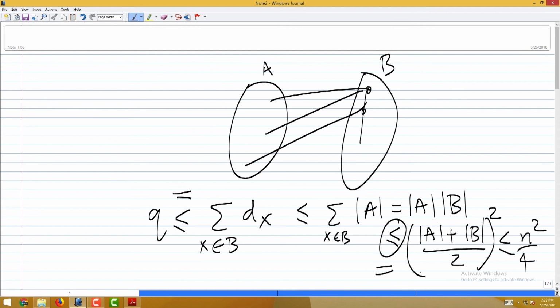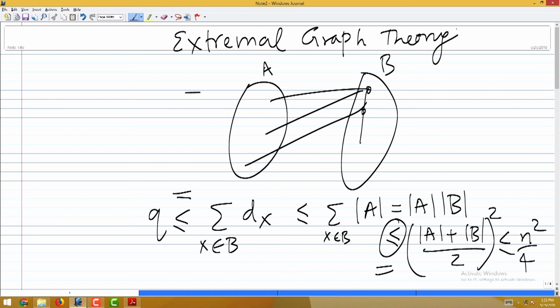So, all this fits into this whole area of extremal graph theory, where one is interested in some property of graphs which don't have this, what is the maximum number of something, minimum number of something. These are some very useful results, they come handy in many applications.